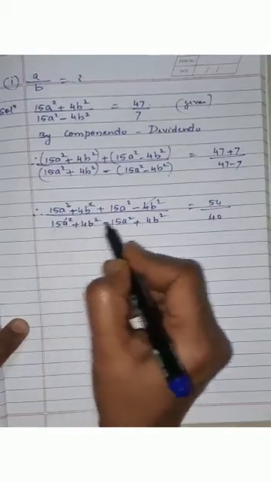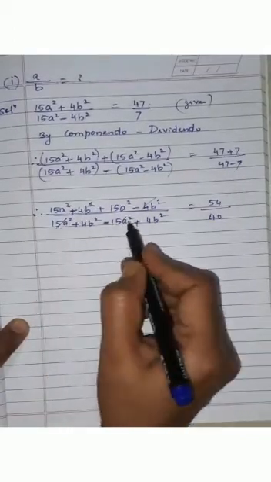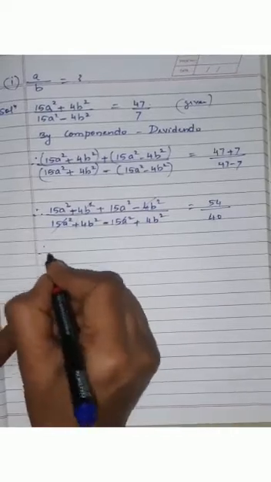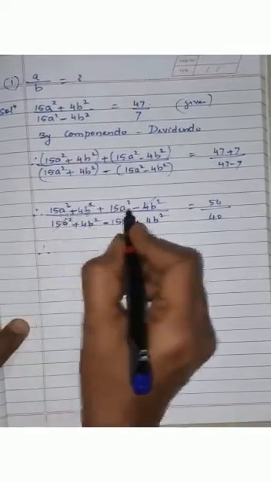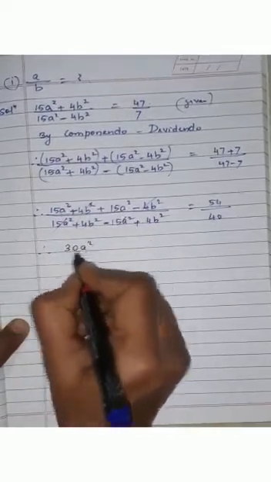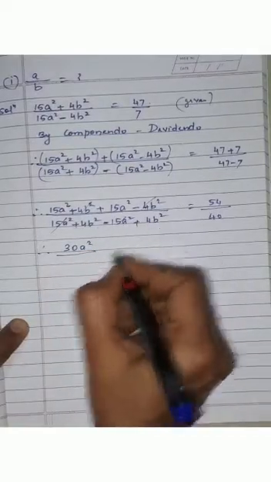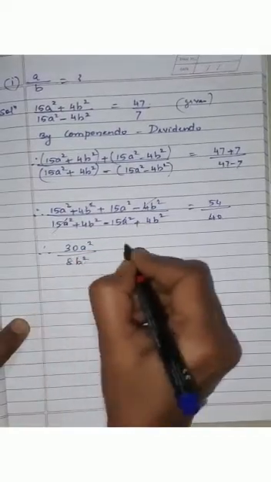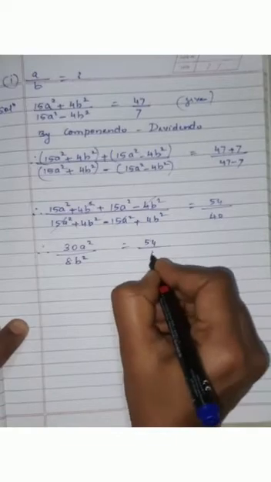These are like terms with opposite signs, so in the denominator, +15a² and −15a² cancel. Therefore we get 15a² + 15a² is 30a² upon 4b² + 4b² is 8b², equals 54/40.